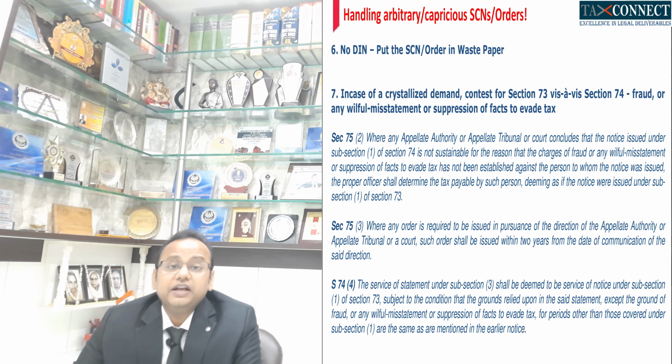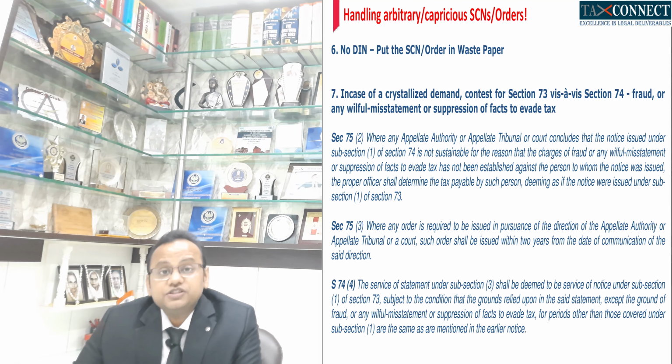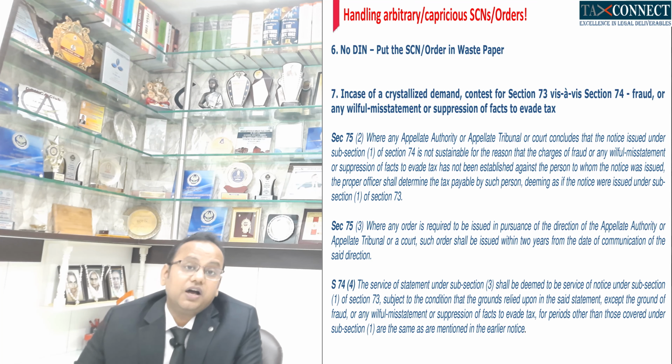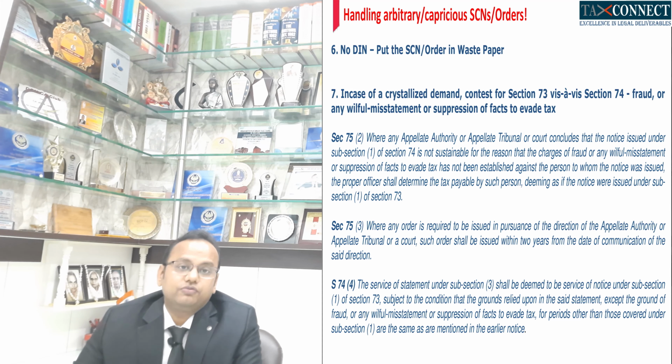Therefore, it is important that each of these terms, fraud, suppression and willful misstatement, has to be weighed against the scale of intentional evasion of tax, that is mens rea. In case it is not proved that there is an intention to evade taxes, then section 74 cannot sustain.